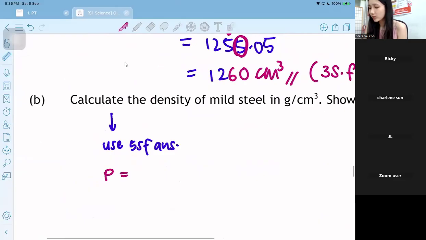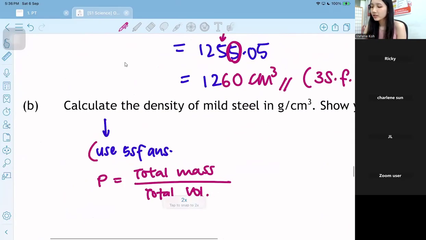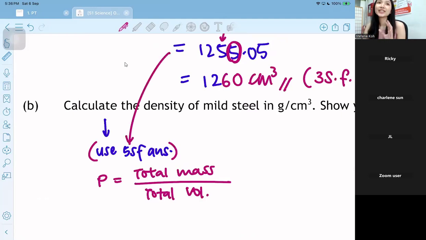So the density equals total mass divided by total volume. Total volume you calculated, and you're supposed to use the 5SF number because it's more accurate. So for workings, we always use the 5SF one. The more decimal places there are, the more accurate it would be.